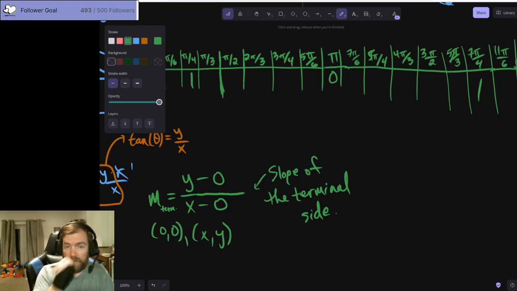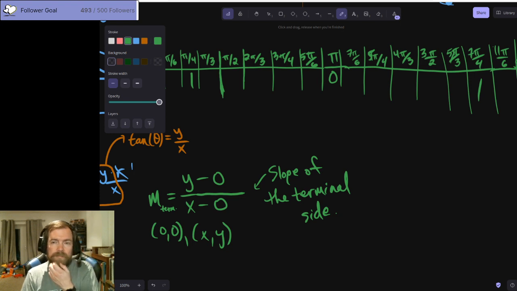In the case of pi over 4 and 7 pi over 4, our coordinates on those points are of the same sign. So they're either both positive or both negative. And when you put them in ratio, that ratio is positive. Okay, then that means that pi over 2 and 3 pi over 2 have an x value here.